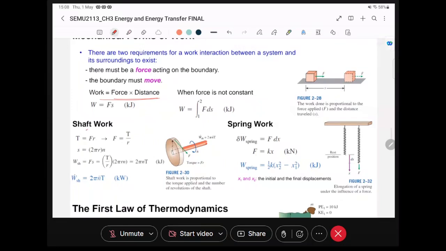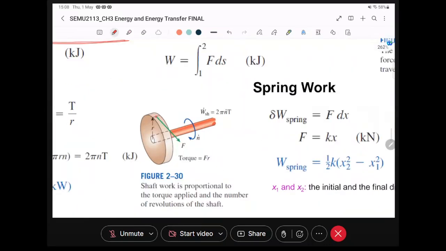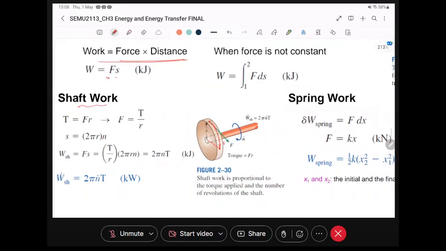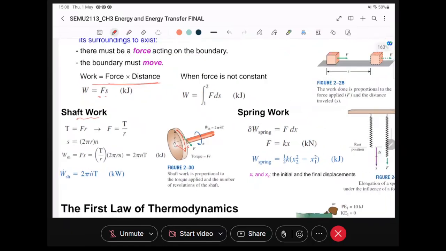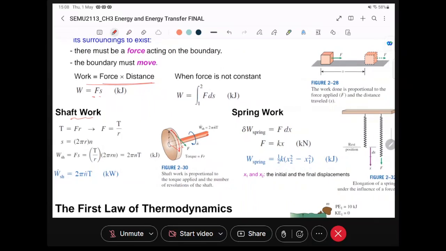So if it's a shaft work, still force times distance, except that because it's rotating, now the distance that we're talking about is this point, you have to move to another point. So the total distance that it moves is the chord length S. Then we can roughly rearrange the equation. The force is really the torque over radius, because torque is force times radius.